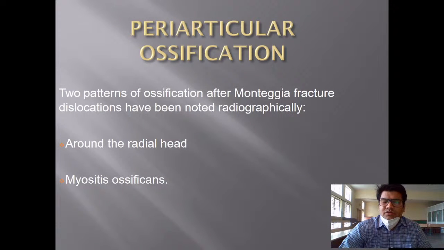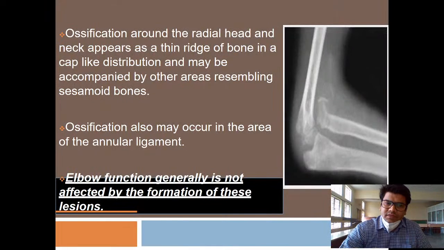Periarticular ossification after Monteggia fractures has been noted on X-ray around the radial head and also in front of the elbow, which is called myositis ossificans. Here you can see the ossification. It may occur in the area of the annular ligament also.